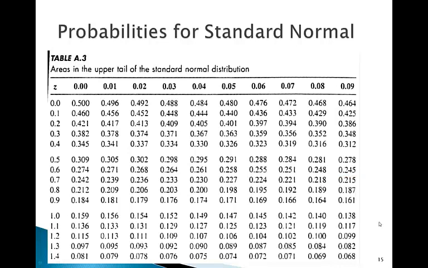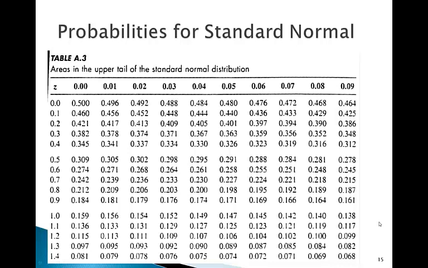To use this table, first we have to have a z-score. If you're already given the z-score, you can just look up the probability in the table. If you're given a value of x, the mean, and the standard deviation, you'll have to calculate the z-score by the formula we just discussed.